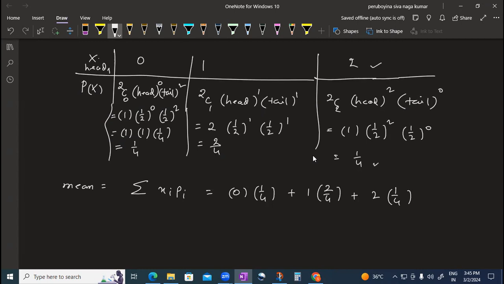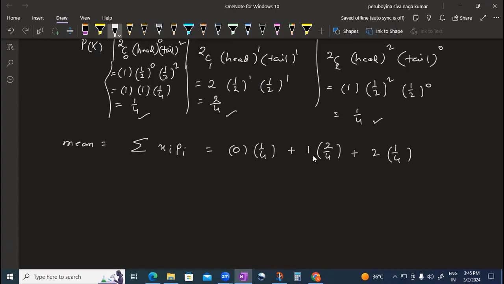Each xi and its pi are multiplied. These xi's are the values, and 1 by 4 and so on are the probabilities, pi. The first value is 0, then 2 by 4, 2 by 4, which gives 4 by 4, that is 1. So this is the answer.